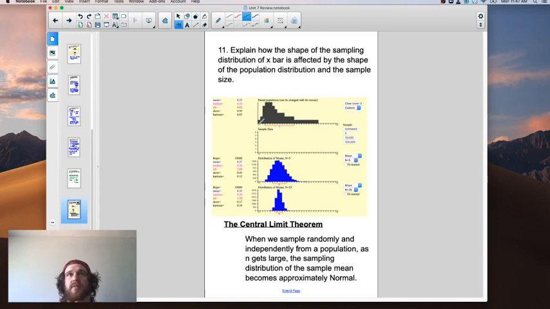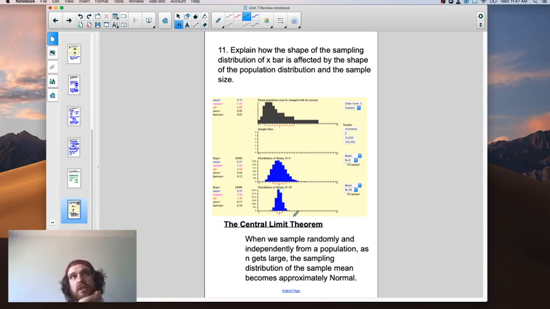But you'll notice that if the population looks like this and we're taking random samples, we already know that as n increases, the variability decreases, but it also turns out that the shape slowly approaches the normal distribution.